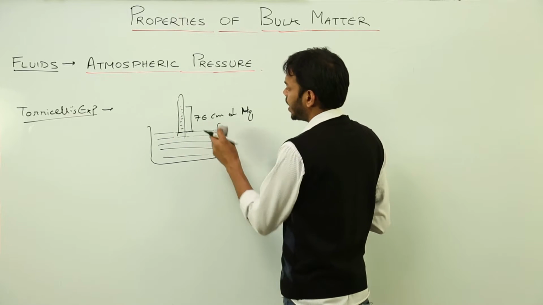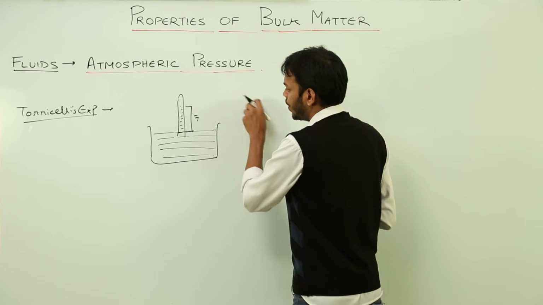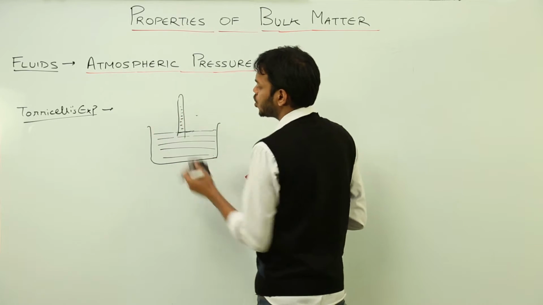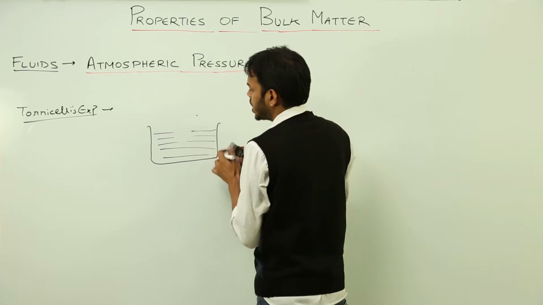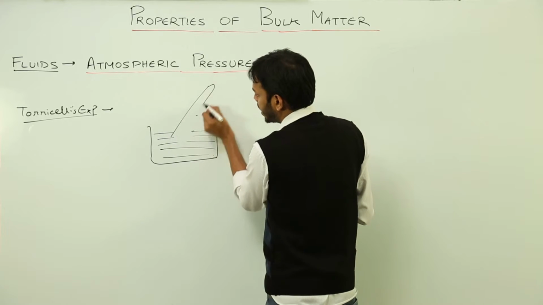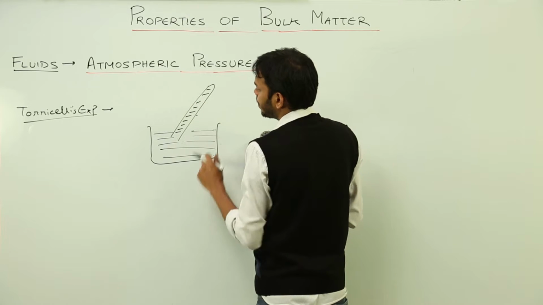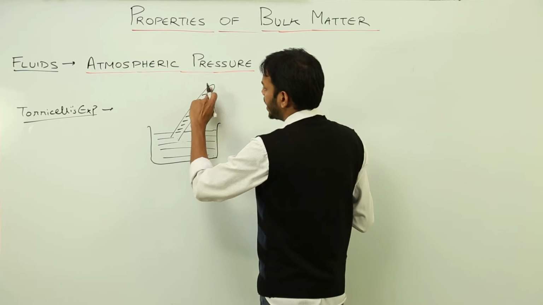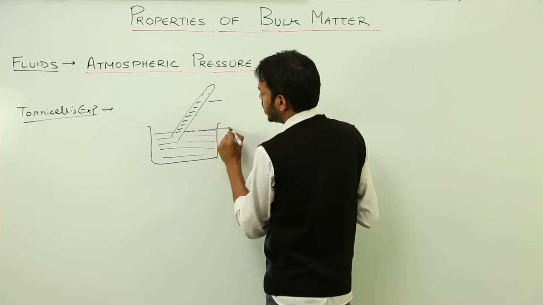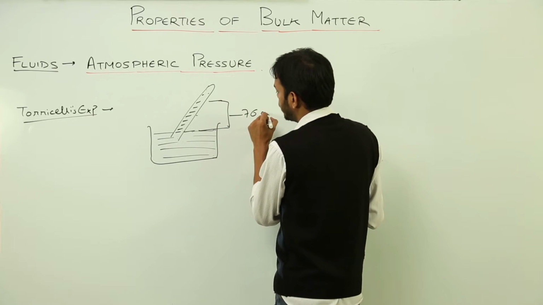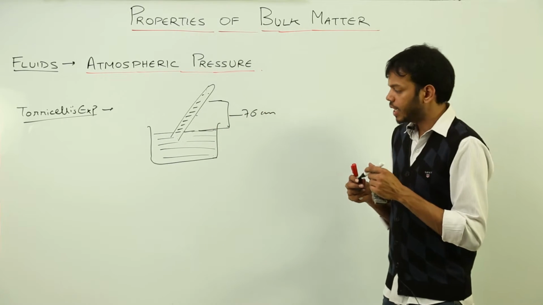No matter how we incline the tube, whether straight vertical or inclined in this way, the vertical height up to which the mercury remains suspended inside the tube is still only 76 centimeters.